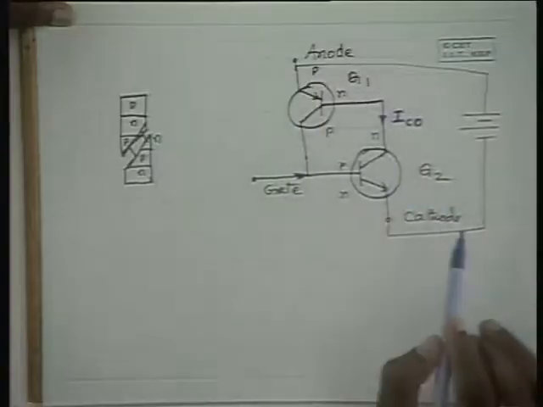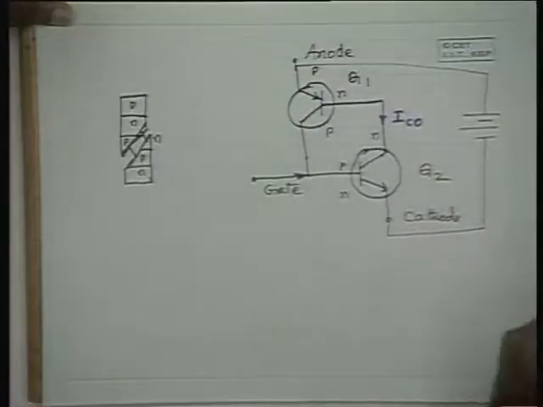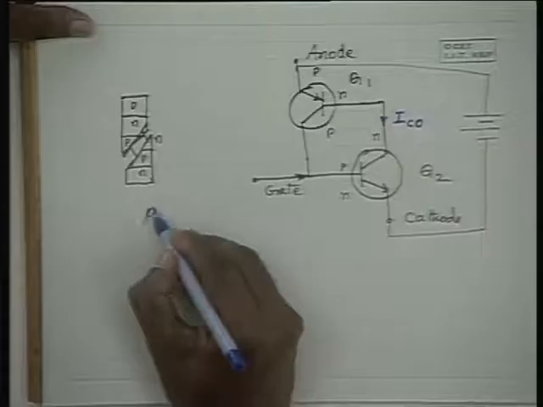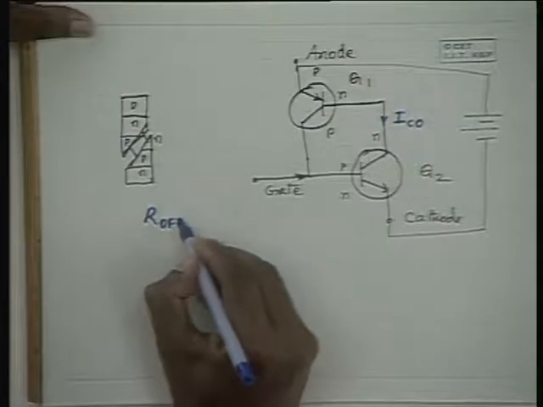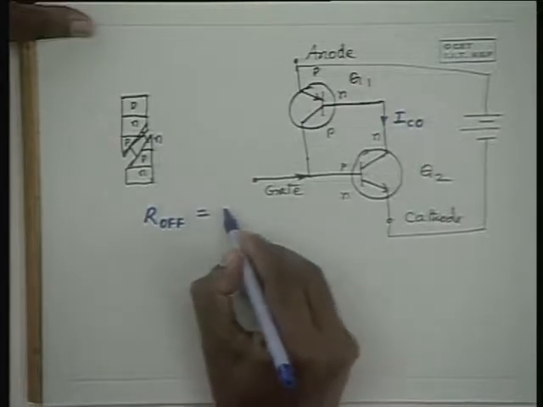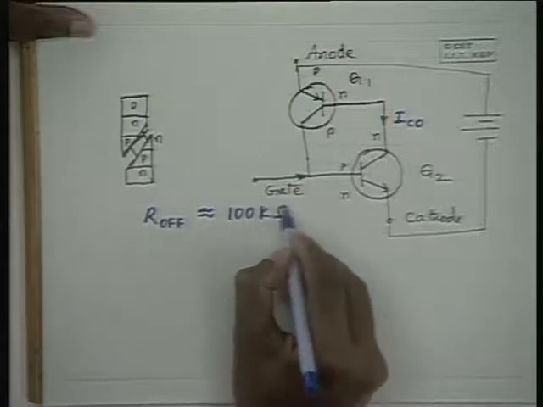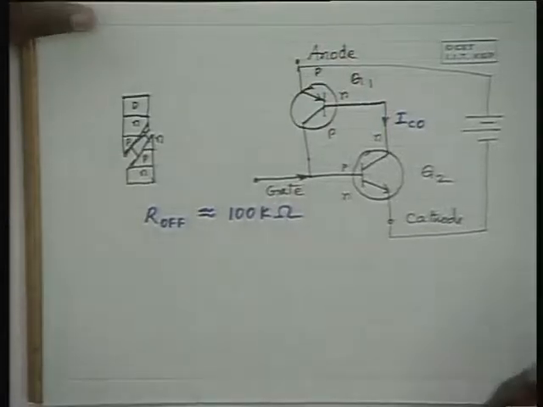As a result, this device acts like a high impedance and no current flows. Typically, the impedance, R off, is of the order of hundreds of kilo ohms when the gate is open.